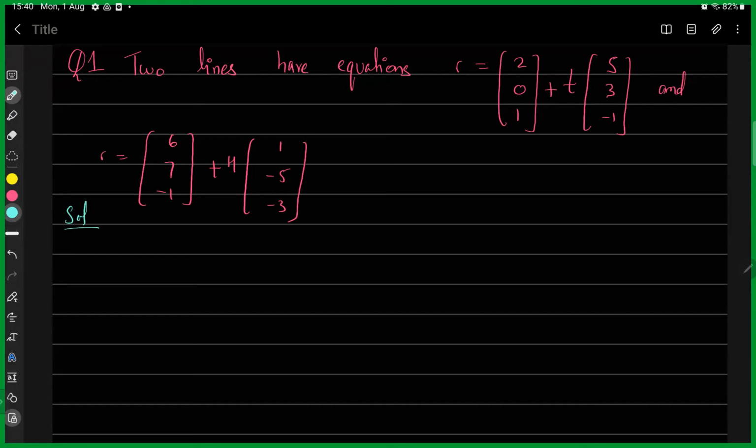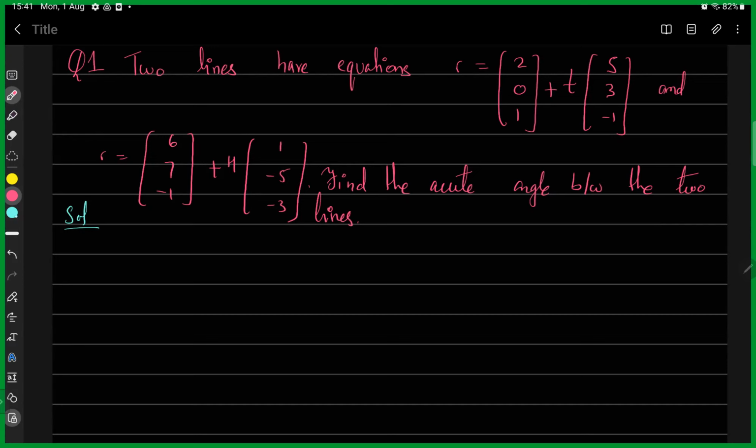Okay. So two lines have equations this and this. You need to find the acute angle between the two lines. So this is basically the question.